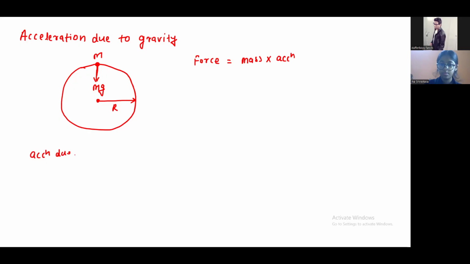Here, acceleration due to gravity is denoted by g. So here we will use mass m into g. When a small m particle is placed on the earth's surface, the gravitational force between the earth and the small m particle will be G times the mass of earth into small m by radius of earth square.